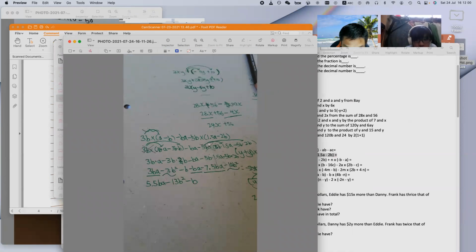You cross this and make sure that you fill it in. So you have this. So this will give you 7.5ba minus.